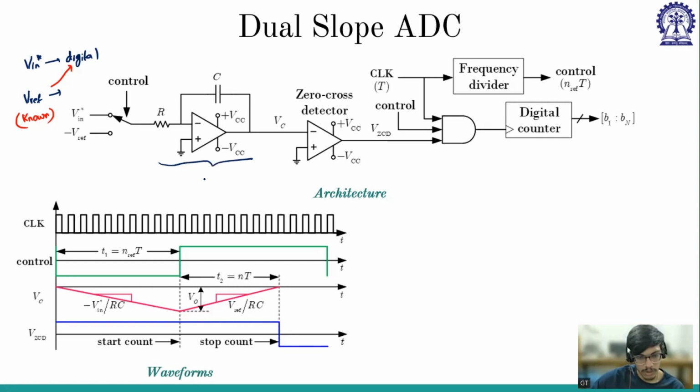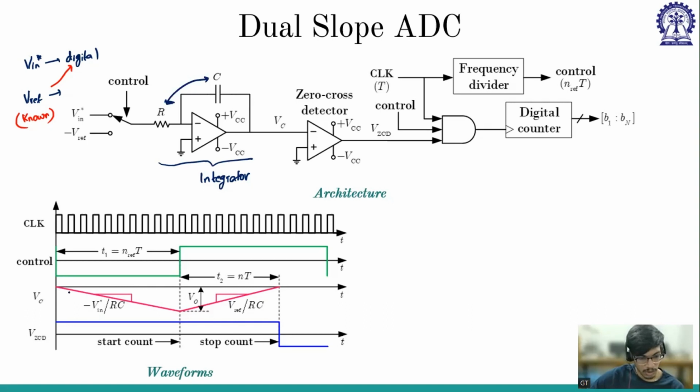You might know, if you find the output voltage by input voltage, it will be 1 by S, some K by S, into the input. So it is an integrator circuit. Basically what we are doing is integrating it. And this is an inverting amplifier. Because this is Vin star and this is inverted, it will be integrated in the negative direction, which is being shown here. And the RC constant is coming from this RC.